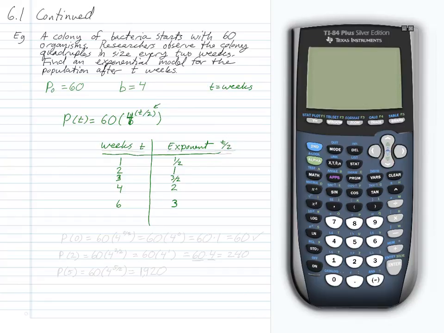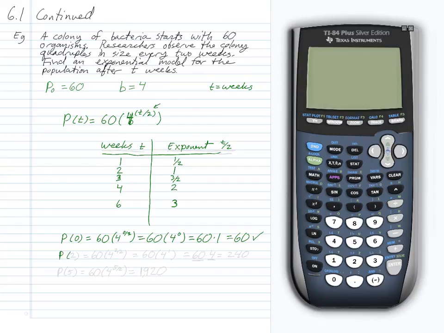Alright, well, let's see if this works. So our population after 0 weeks should be 60. So 60 times 4 to the 0 over 2. That's 60 times 4 to the 0. That's 60 times 1, which is 60, so we're good. Okay, our population is supposed to quadruple after 2 weeks, so we should have 4 times the original 60 after 2 weeks.